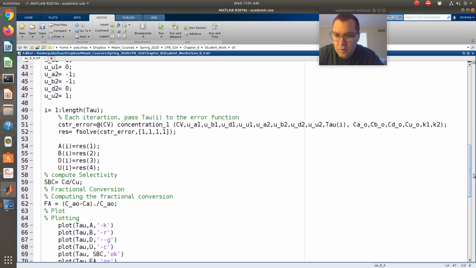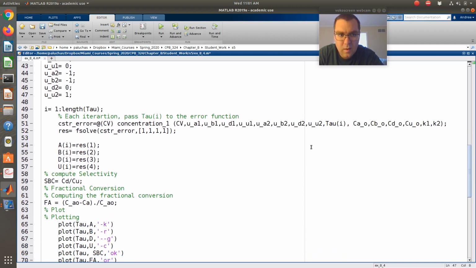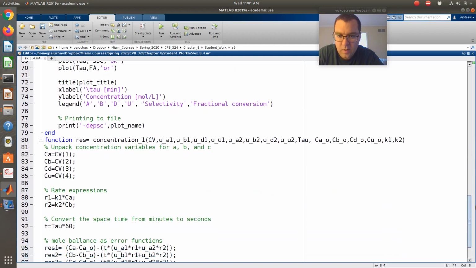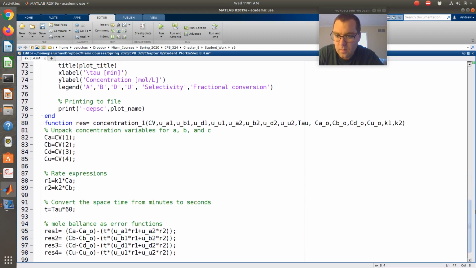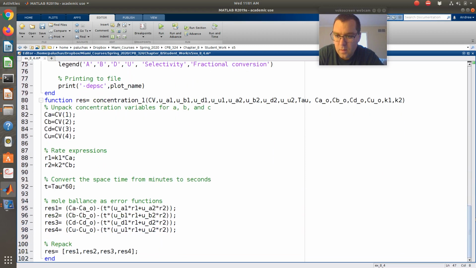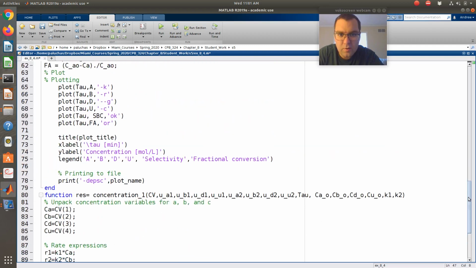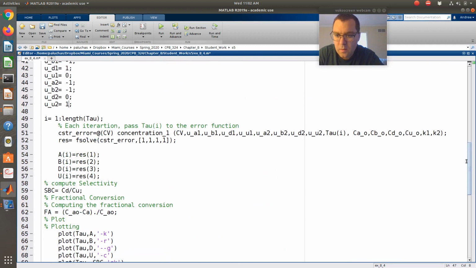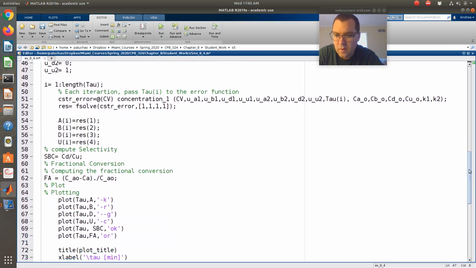Then this should, okay, having just looked at your 8.3 code, this should be good. Okay, let's just glance at concentration 1 again real quick. Yeah, first order A and B. Solve and collect, that's good.